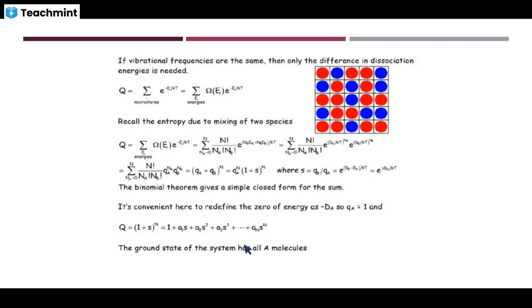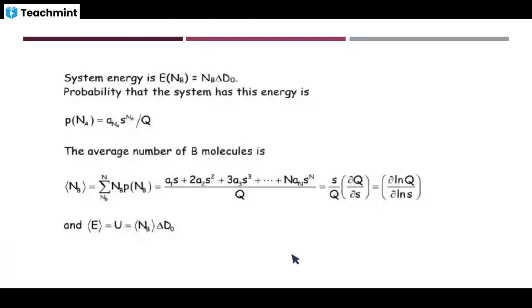The ground state of the system has N molecules of A. For system energy E equal to Nb delta D0, the probability that the system has that energy is Na divided by Q. The average number of B molecules is given by this relation. Doing the mathematics, you know.